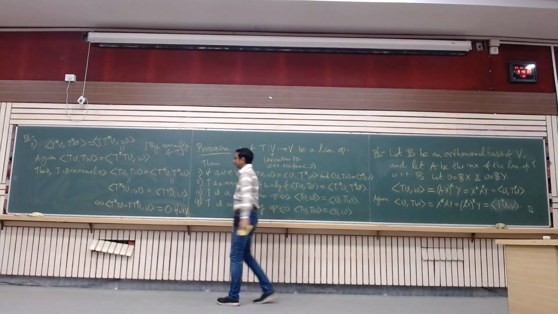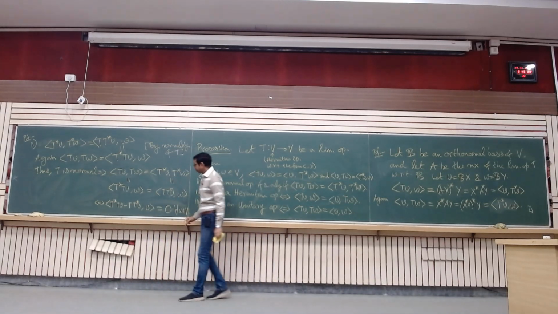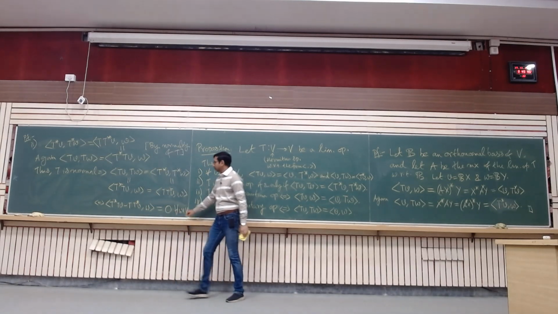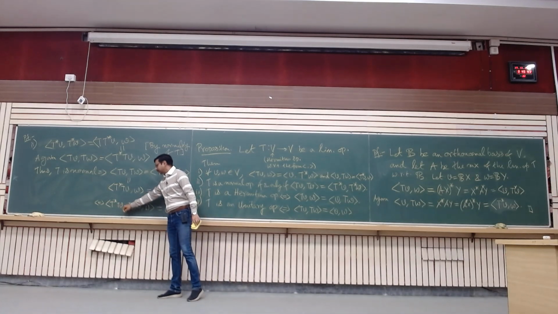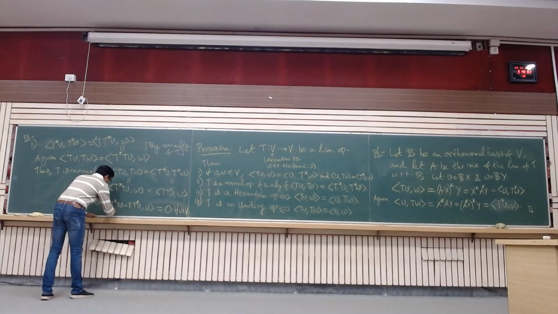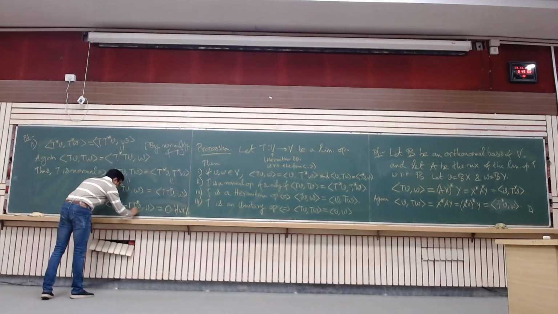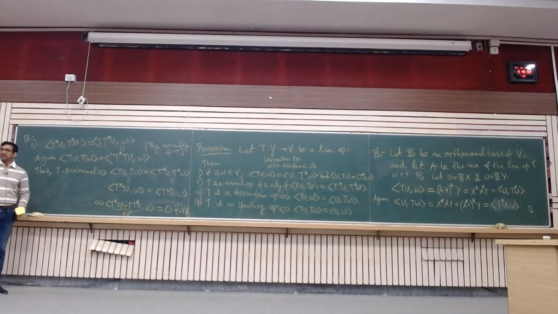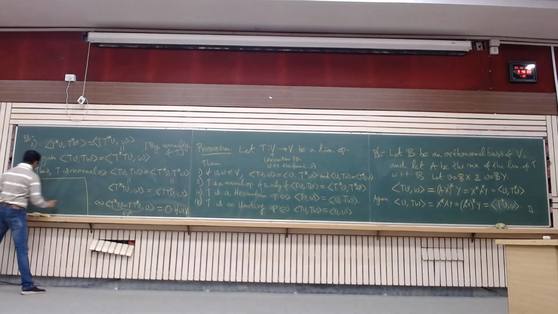What does this mean? This vector is perpendicular to every vector in V, so this one is inside V perp. Now what is V perp? It's 0, right? And why is V perp 0?